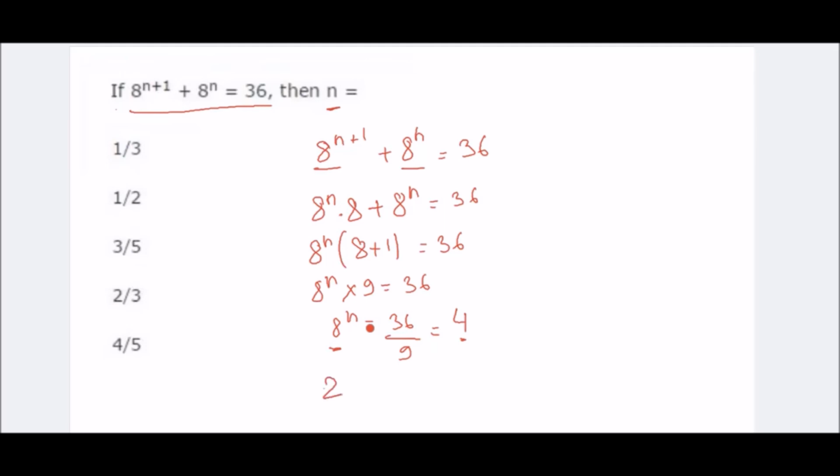So 2 power 3 whole power n is equal to 4, which is 2 power 2. That implies 2 power 3n is equal to 2 power 2. When the base is the same, then we can equate the powers, so 3n is equal to 2. So n is equal to 2 by 3.